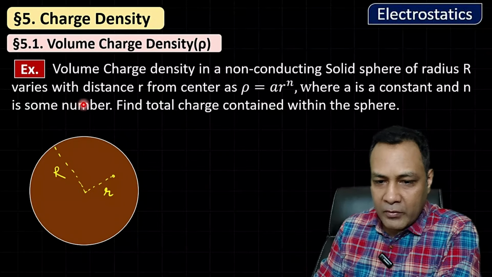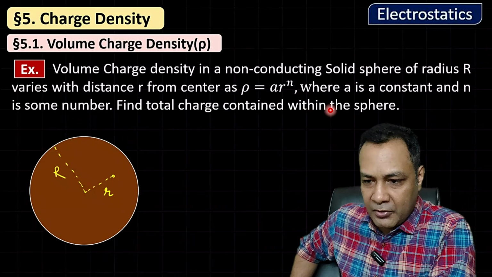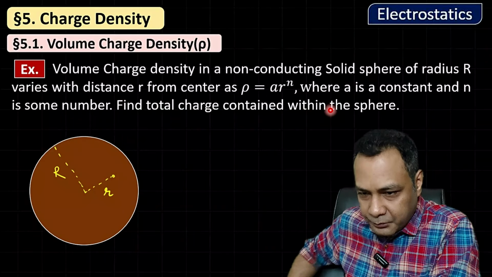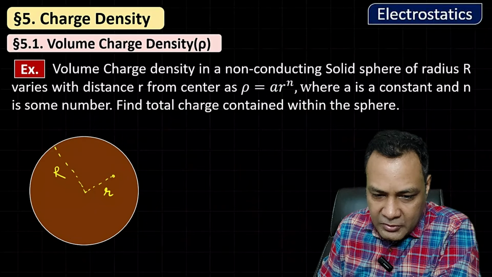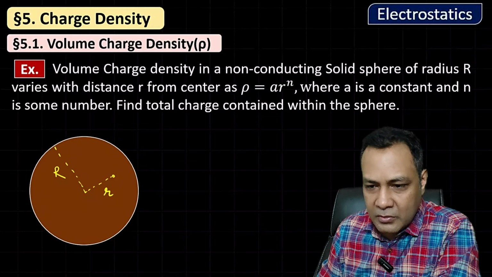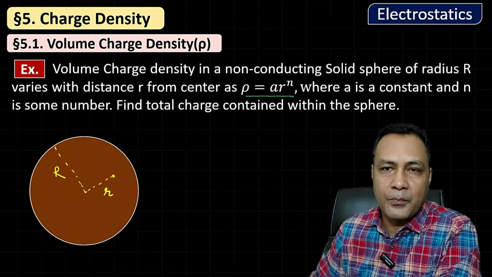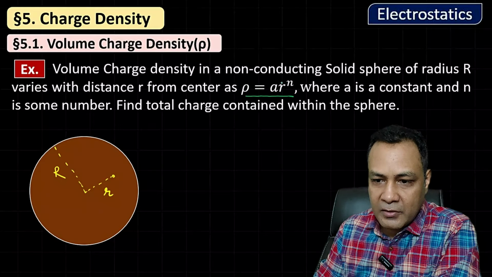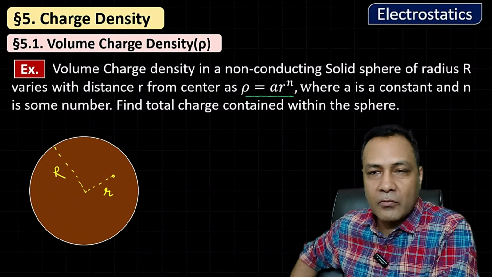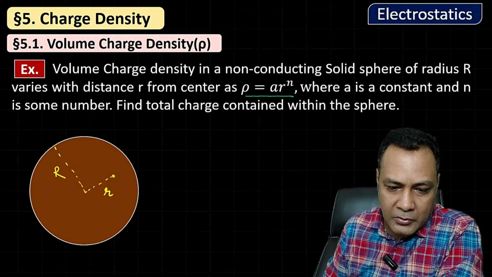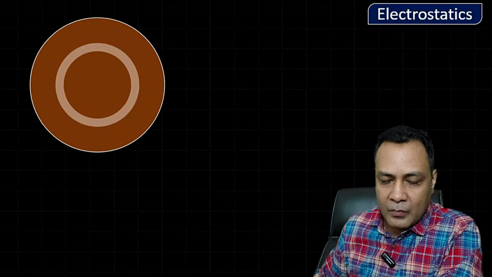So what we have to find is the total charge content within the sphere. This is a very standard example, and I'll use this result later when we talk about the electric field. Whatever result we obtain, we'll be using. Now let's go to the next page.